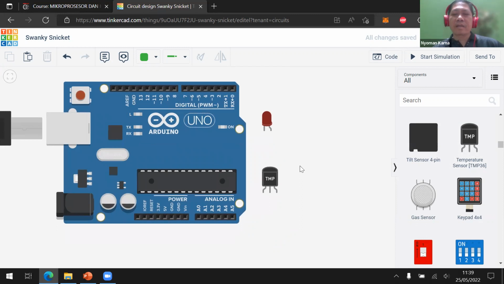Now, for the temperature sensor, in this case we are going to use TMP36. Actually, when you are buying something like DHT11 or DHT22, they're basically using the same kind of temperature sensor, TMPXX. When you open the plastic case, it's actually something like this.